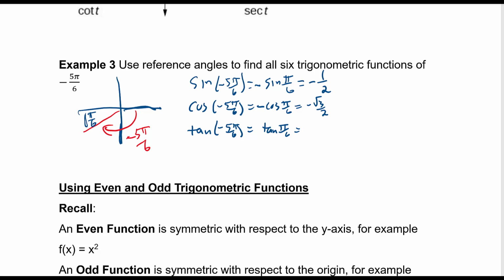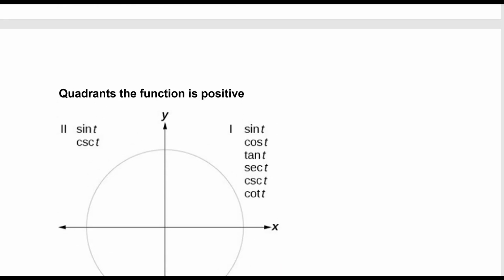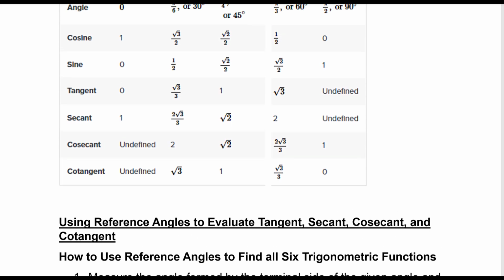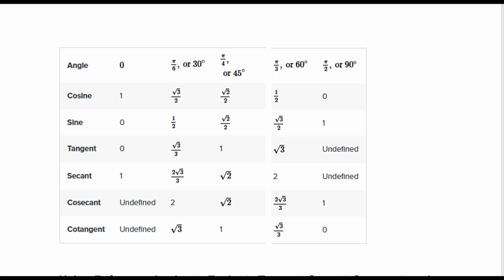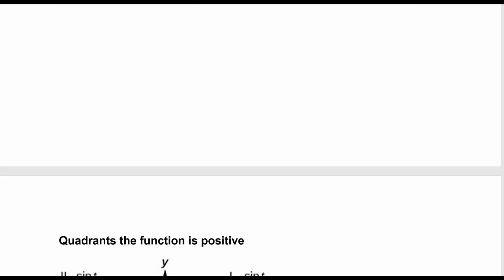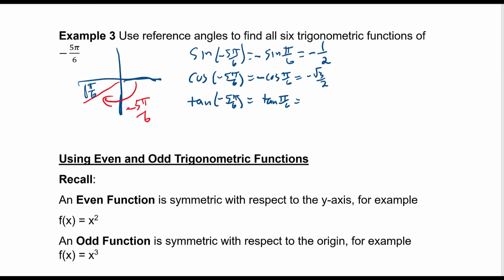And that's going to be, now it's going to be sine over cosine. So it's going to be square root of 3 over 3. And you can always refer back to this table up here. Don't want to make you dizzy by going too fast. But tangent of pi over 6, or 30 degrees, is square root of 3 over 3. So it's going to be the square root of 3 over 3.